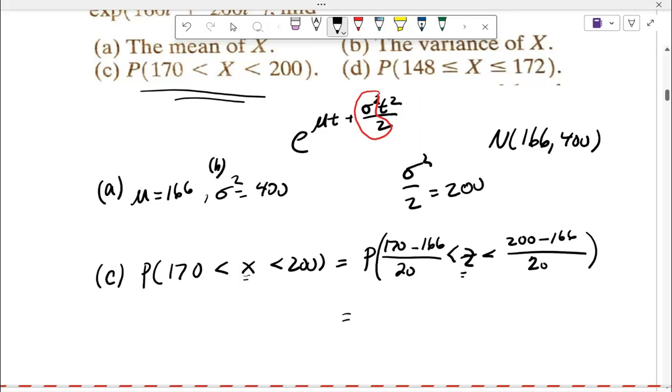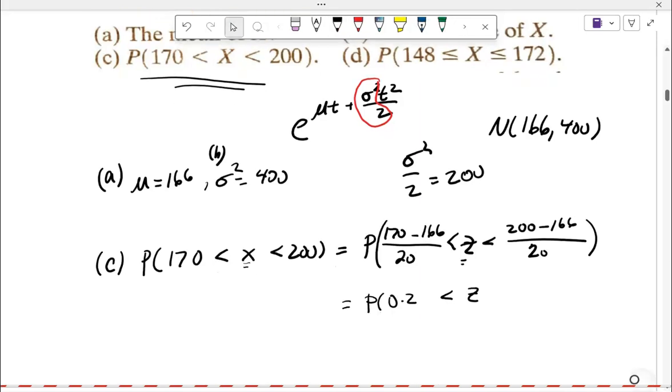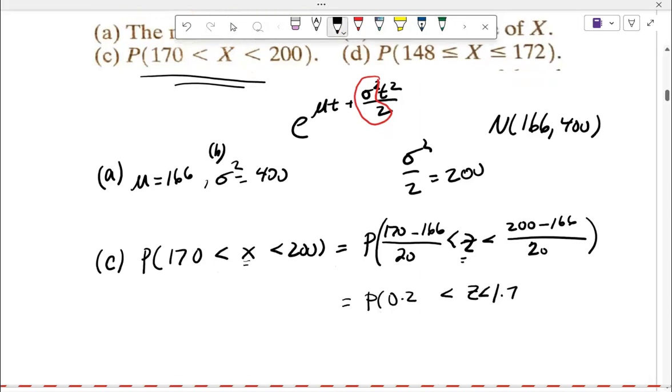So in this one, what do you get? 4 over 20 is the same thing as a fifth, so it's 0.2. And in the other one, did I do that right? Yeah, the other one is 34 over 20, so you get 1.7. Assuming I did my arithmetic correctly. That's why you have calculators.